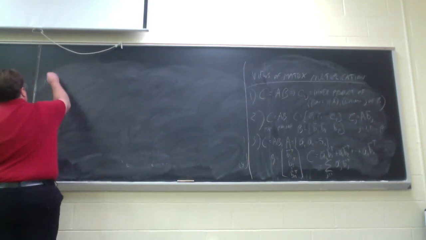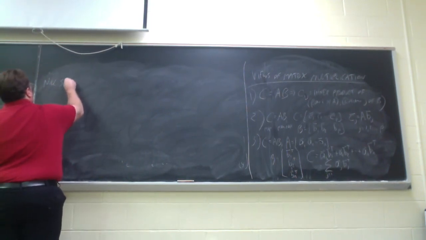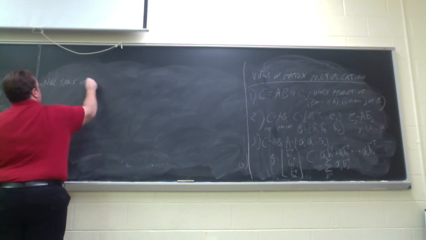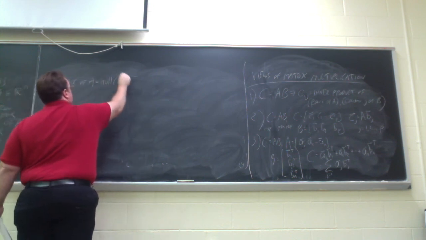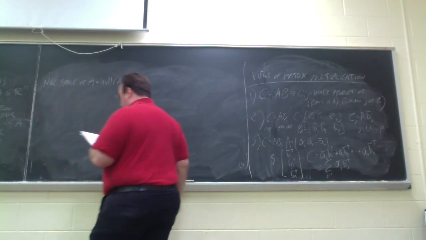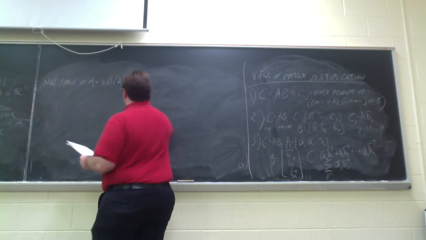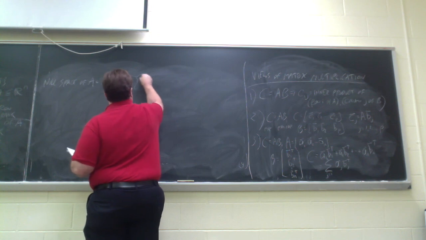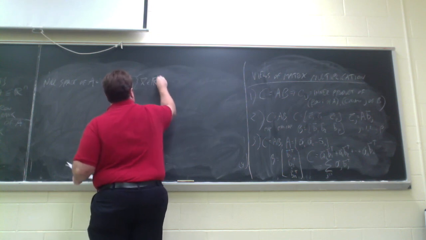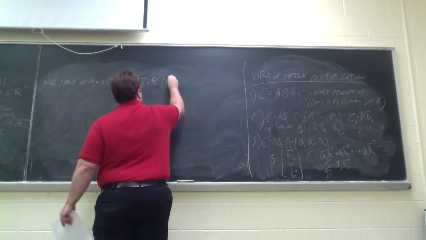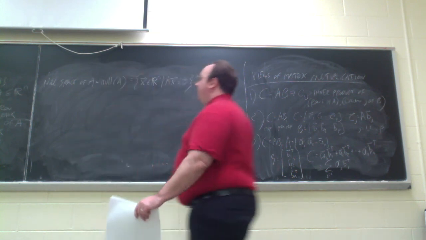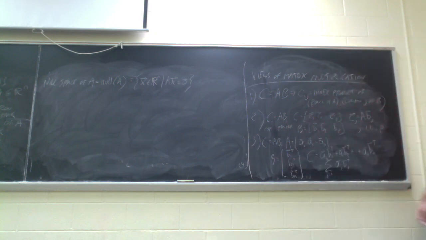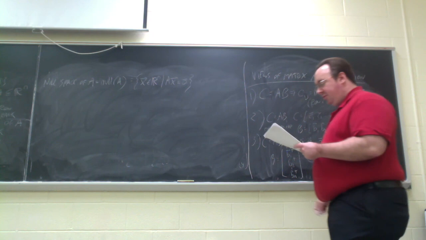The null space of A, abbreviated null of A, is equal to the set of all vectors x in Rn such that if you multiply by A, you get the zero vector. So certainly the zero vector itself is in the null space, but there may possibly be other vectors too.